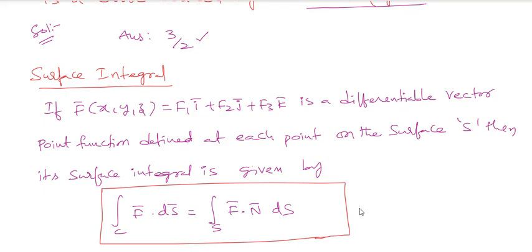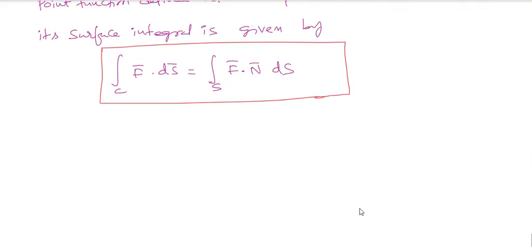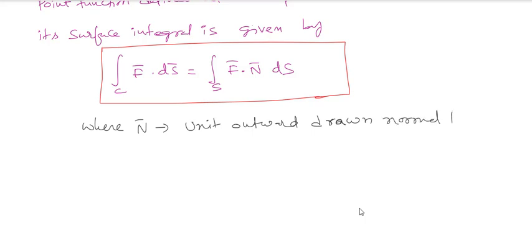Clear up my point, where n bar is the unit outward drawn normal to the surface. Normal to S means normal to the surface. Getting the point? Am I right or not?